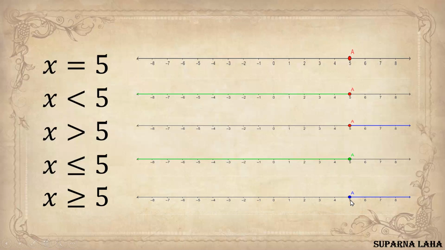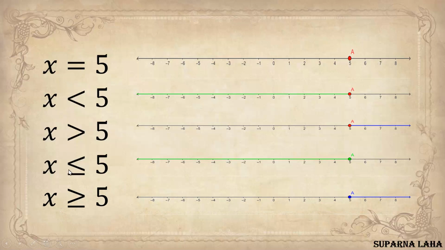So we will consider the point 5 and all the values on the number line bigger than 5, that is from 5 to plus infinity. What is the difference between x greater than 5 and x greater than or equal to 5? x greater than 5 means we will not consider the point x equals 5. And if we write x greater than or equal to 5, that means we are considering the point x equals 5 also, and the bigger values of x from 5.